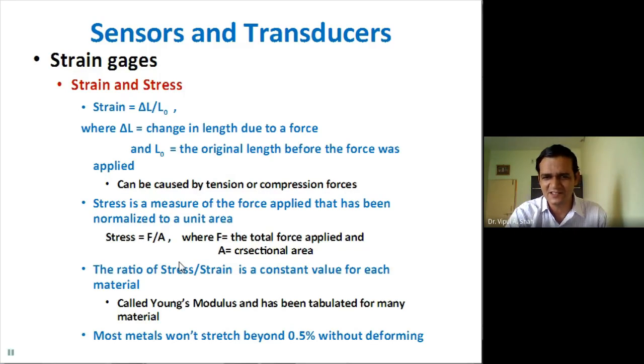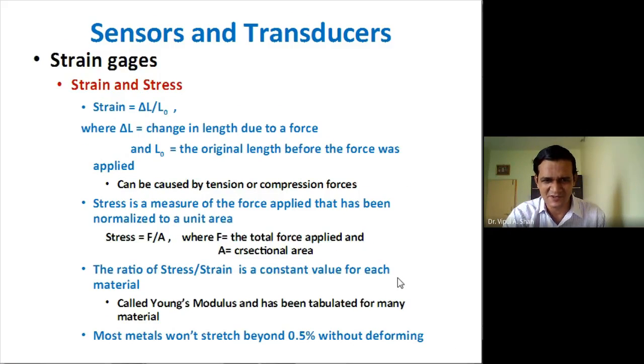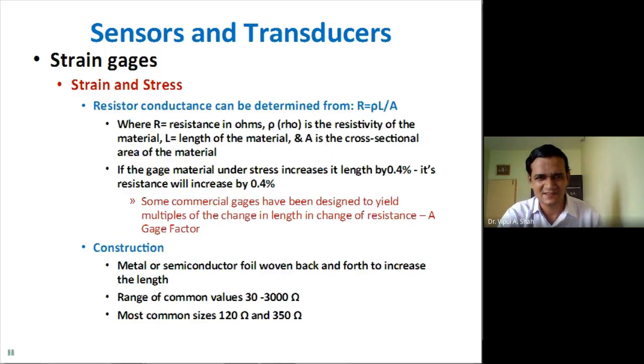Each material of construction has this cross sectional area, so that is also important: the material which you are utilizing for the strain gauge and the cross sectional area of this particular wire utilized for the strain measurement. Based on this you can measure the stress as force applied divided by cross sectional area. This is another formula through which you can measure the stress or strain.